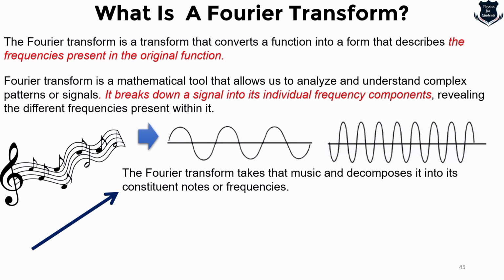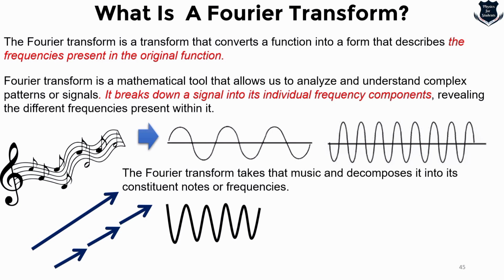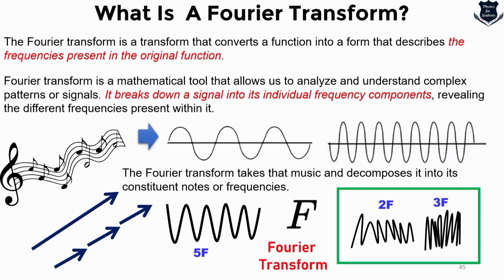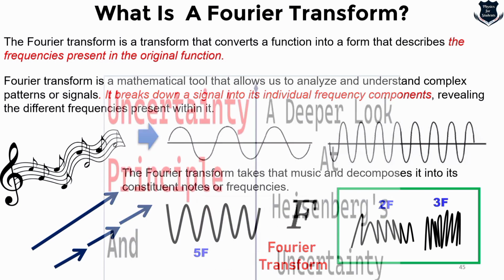It's just like a vector which we can divide into small parts that constitute the long blue vector. We can divide a frequency 5f into small frequencies like 3f and then 2f, and then we can add them up. So this is the role of Fourier transform: it breaks down and then adds up so that it becomes easy to study.